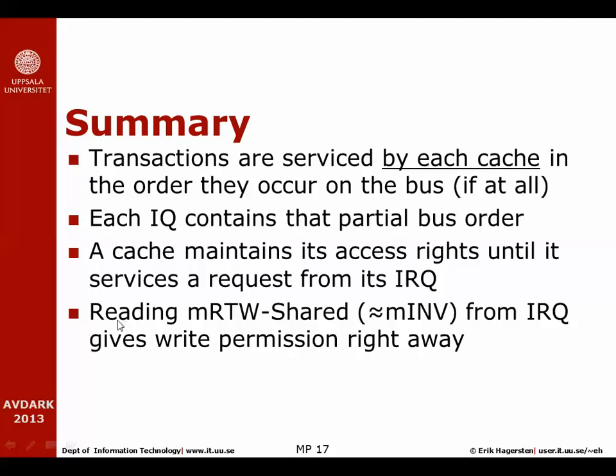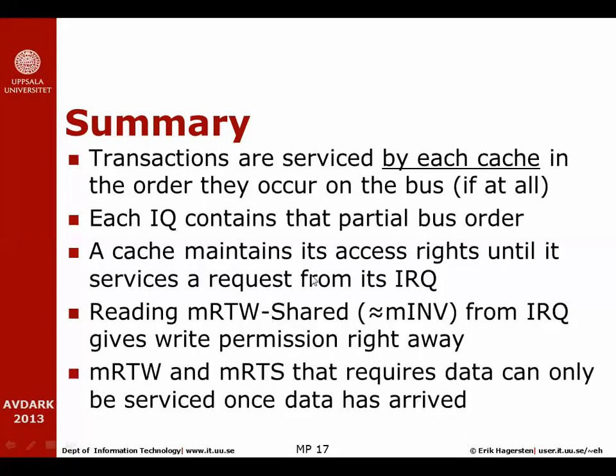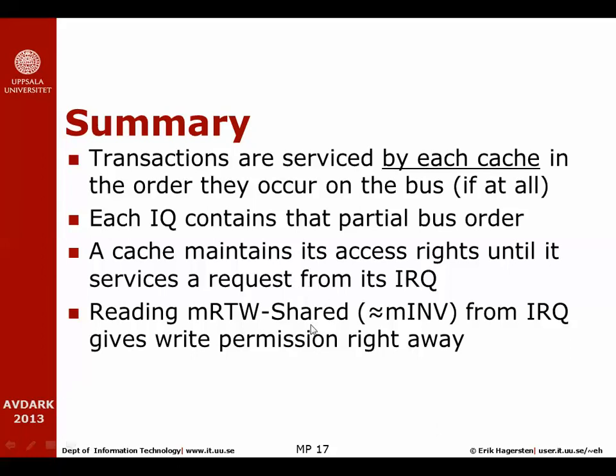If you are reading your own read-to-write request where you also pull the shared line yourself, which means it really looks like an invalidation request from the input queue, you don't need to wait for the data. You can pop that transaction from your own queue and you get the write permission right away.